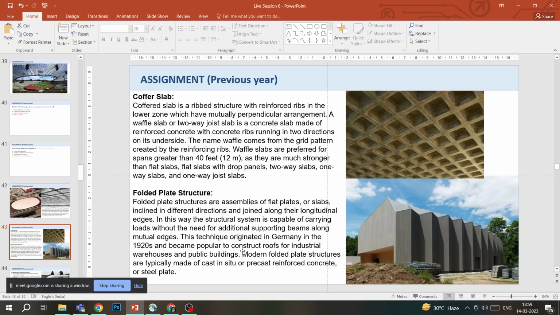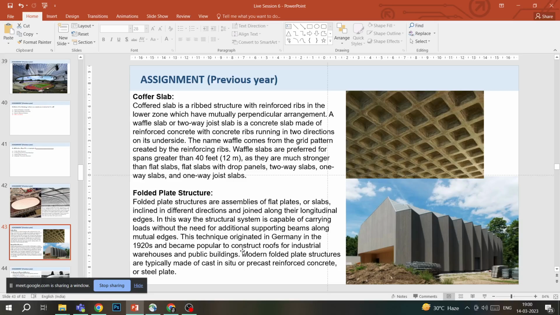The name waffle comes from the grid pattern created by the reinforcing ribs. So basically there are perpendicular ribs running in both directions, which makes it look like a grid, and it looks like a waffle, if you are familiar with what a waffle is, a dish which looks like this. Exactly, that's why it's called a waffle slab.